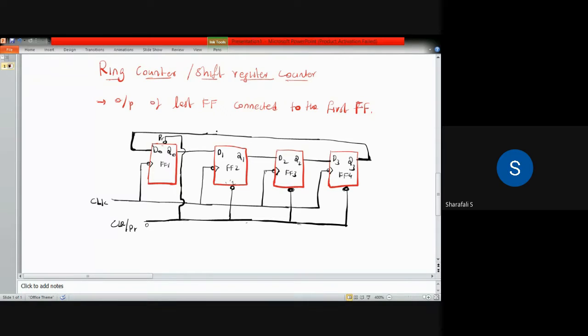Clearing means it will clear all the values or the memories in the flip-flops. Presetting means it will preset the value of that particular flip-flop's memory equal to 1.